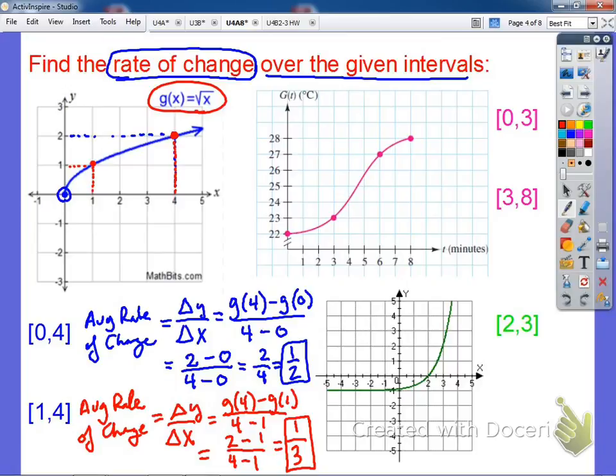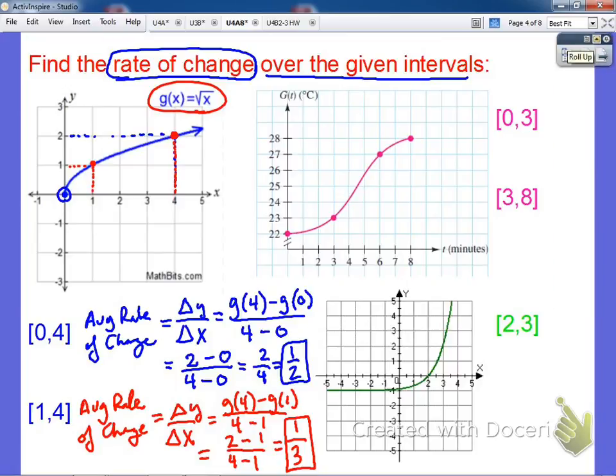All right, so let's look at this next problem over here. You have g of t, where the input, gosh, that is a confusing looking problem.